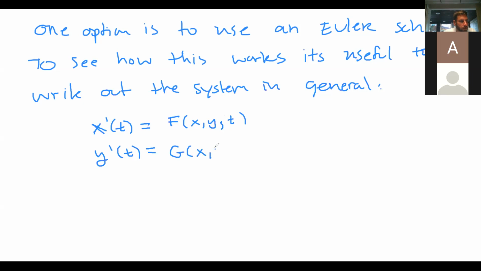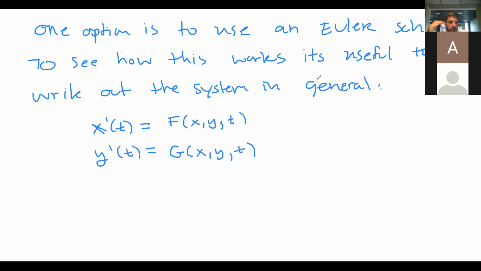And similarly, the function y that's unknown might look something like this. So again, I'm not studying the specific equation from the previous example.